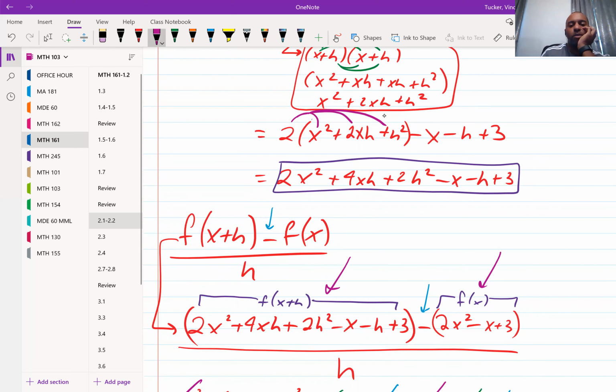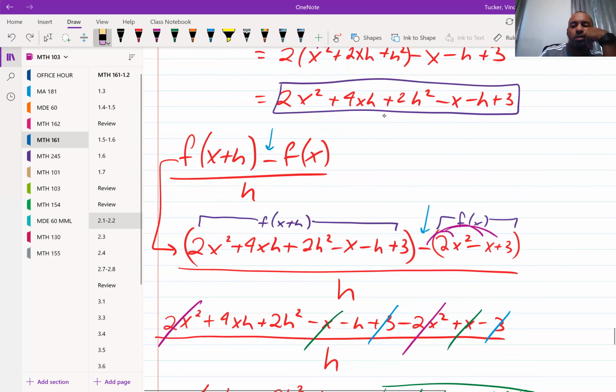And that blue arrow is just emphasizing where the minus sign is in the formula in reference to what I plugged in. All right, so we can distribute the negative into the following parentheses, and we have this.